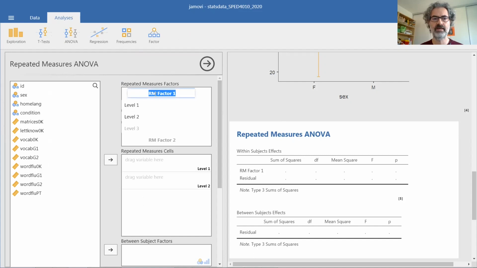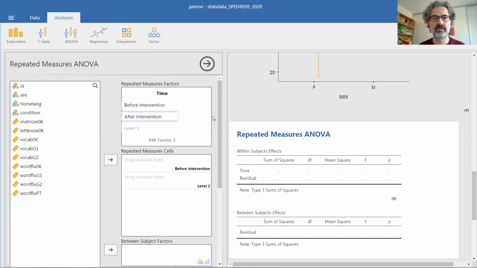Our repeated measures factor, I clicked on this that says repeated measures factor, and this lets me edit it. So I'm deleting that, and I'm typing time. I'm giving it this title. And then the first level of this variable is before intervention, and the second level is after intervention.